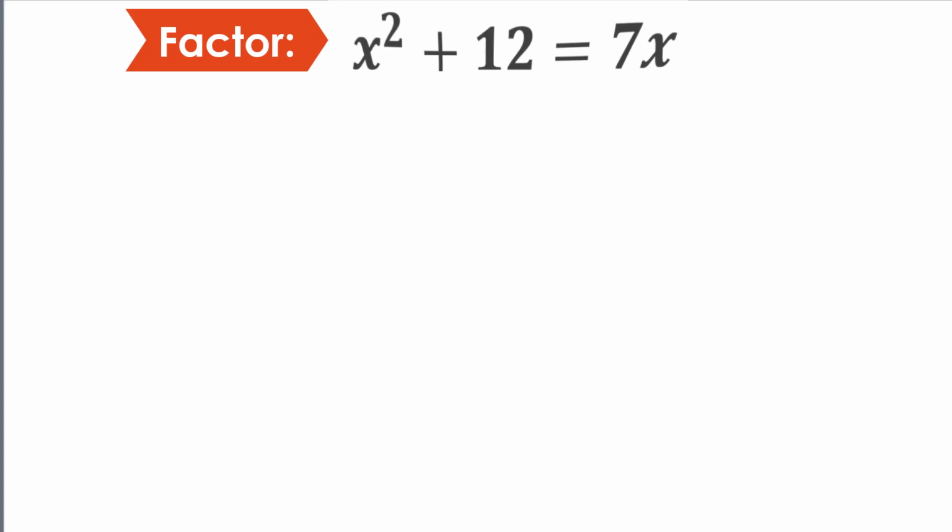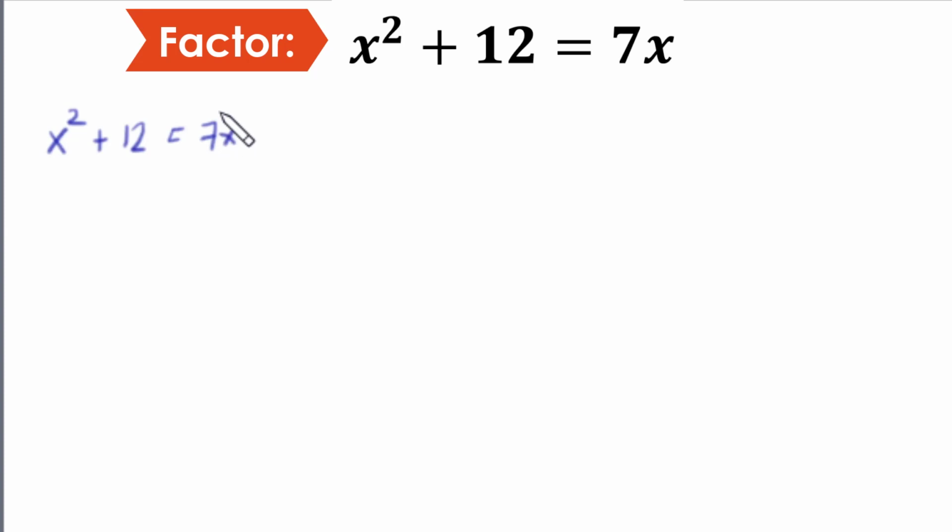For our first example, we have x squared plus 12 is equal to 7x. So the given quadratic equation is not in the standard form. So from x squared plus 12 is equal to 7x, we will transpose the 7x to the other side of the equation to make it equal to 0.